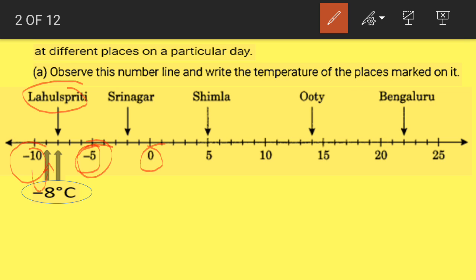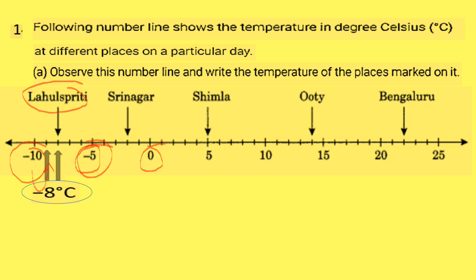Okay, so I'll move like this. One step towards right side means it increases by 1 unit, that is -5 becomes -4, then -3, then -2, and here is Srinagar. So the temperature of Srinagar is -2 degrees Celsius.